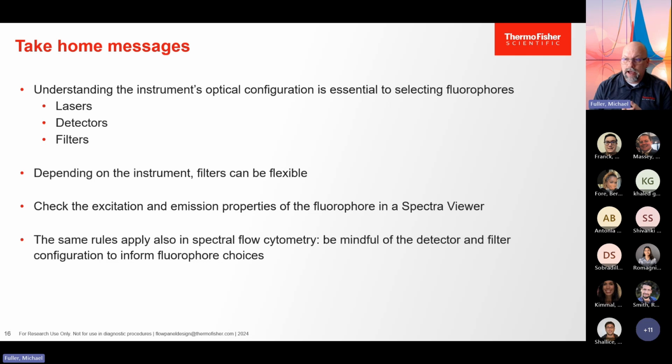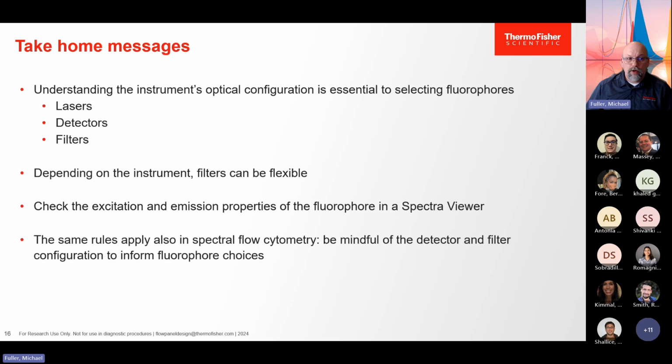This includes knowing how many lasers and what kinds, how many detectors you have available, and what the filters are that determine the bandwidth of light that can be detected through those filters. Depending on the instrument, if you need to stick with certain fluorochromes and you cannot alter that, they can be flexible by being able to change out filters to better capture the emission maximum.